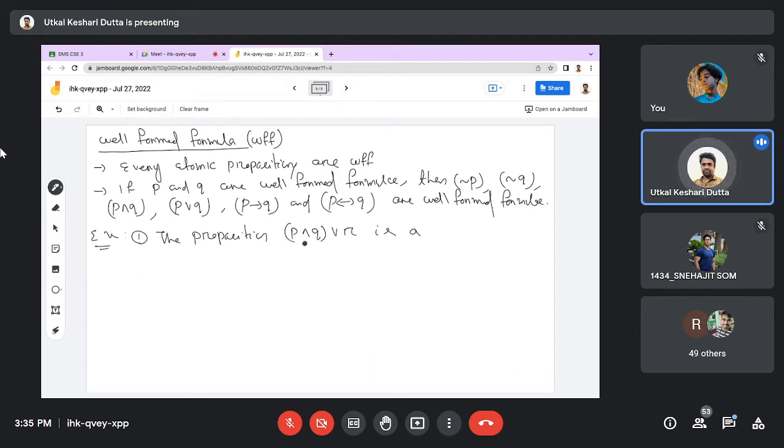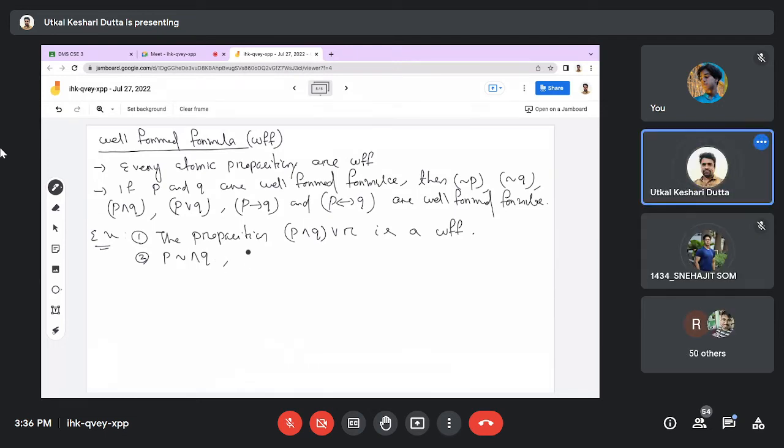Two connectives are there, conjunction and disjunction. The conjunction is in brackets, so it applies the order of precedence, and no wrong is there. So it is well organized. So it is a well-formed formula.